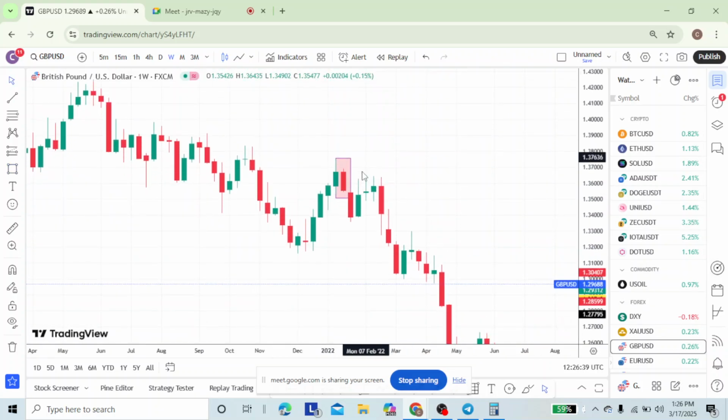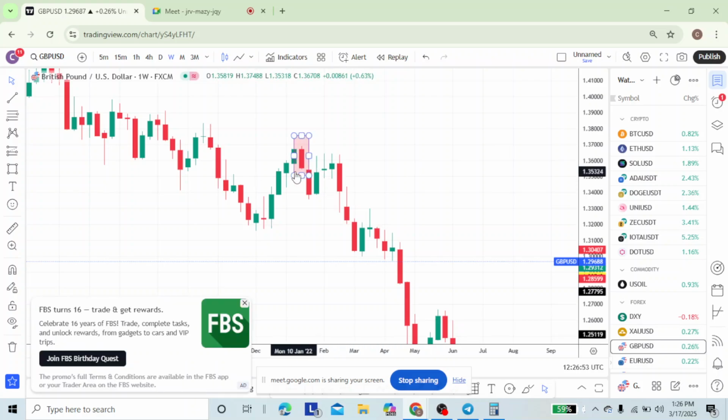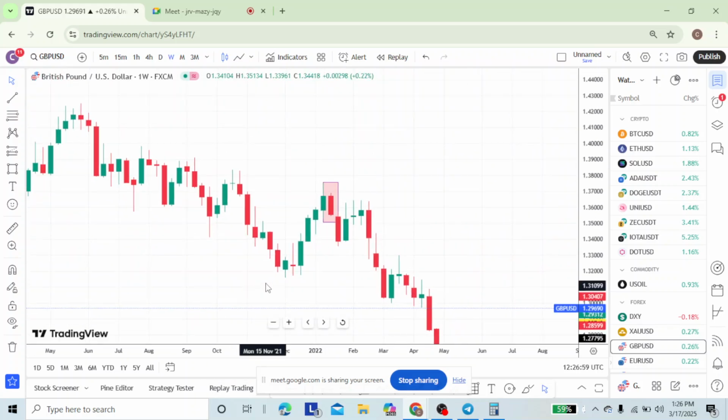You can see it has a tiny wick at the top and at the bottom. This is the bearish Marubozu, telling us that there are sellers in the market, and what we want to do is also to jump in on a sell trade. When we get the information that there are sellers in the market, what we want to do is to join the sellers, and that way we are going to sell.